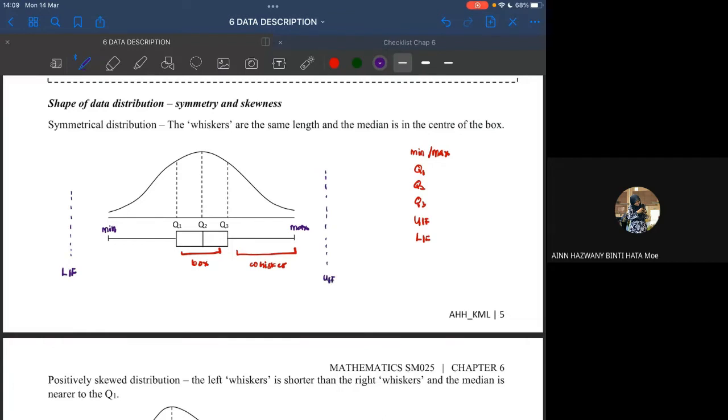Okay, so daripada box and whisker plot ni, kita boleh tahu data kita, the skewness of the data, sama ada positively skewed ataupun negatively skewed ataupun dia symmetrical. Okay, so kalau value daripada kamu punya Q2 ke minimum, Q2 ke maximum ialah sama, let's say kat sini ialah 3, kat sini 3, the data is symmetrical.